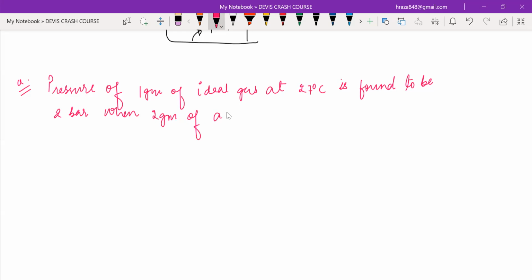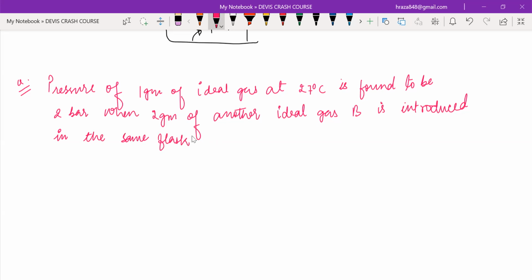When 2 gram of another ideal gas B is introduced in the same flask at the same temperature, the pressure becomes 3 bar.